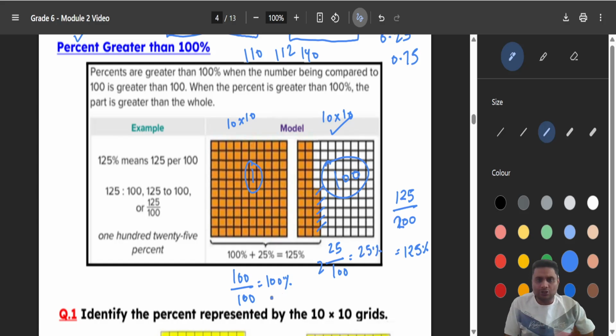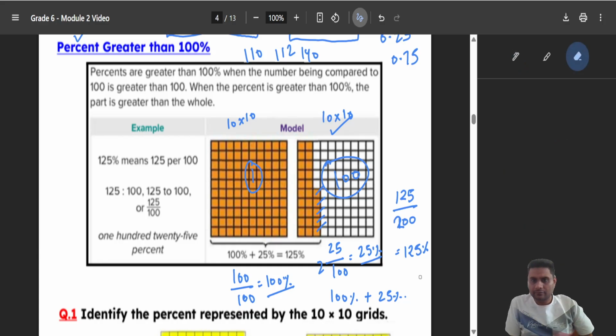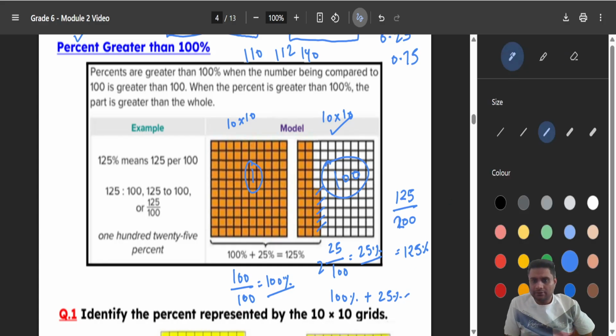Now when I join the 100% with the 25%, this will become 100% plus 25%, that is 125%, okay? I hope you understood.